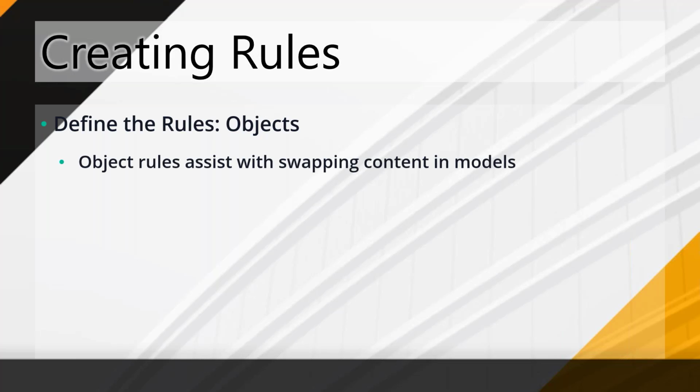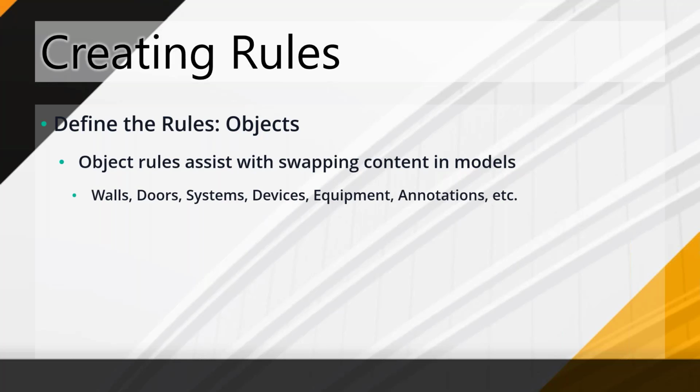And these object-based rules help you get the incorrectly defined content to be based off your organization standard. An example would be someone made their own wall type and used it all over the place.